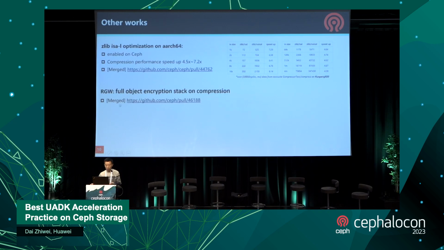These are the result details. Also, another one: now RGW can support object encryption on top of compression. Before that, we needed to choose between them. But now we don't.